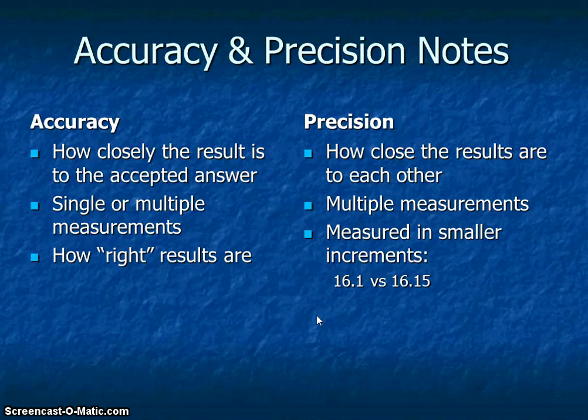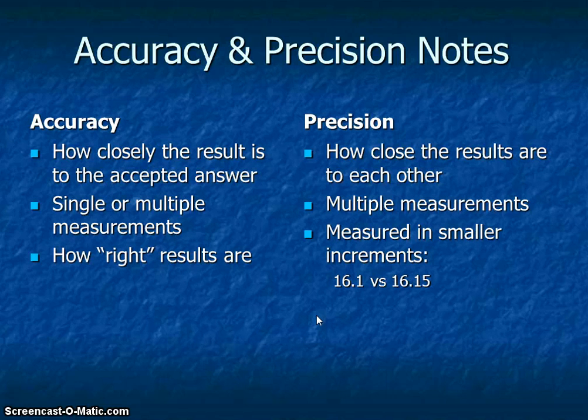Another thing we look at with the difference between accuracy and precision is that accuracy refers to how right our results are. It's a way you can summarize it and check for yourself. Another example that often gets used is an arrow hitting a target. If the goal is to get to the bullseye, and you only have one arrow, you can figure out if you're accurate. But it could have been a fluke.